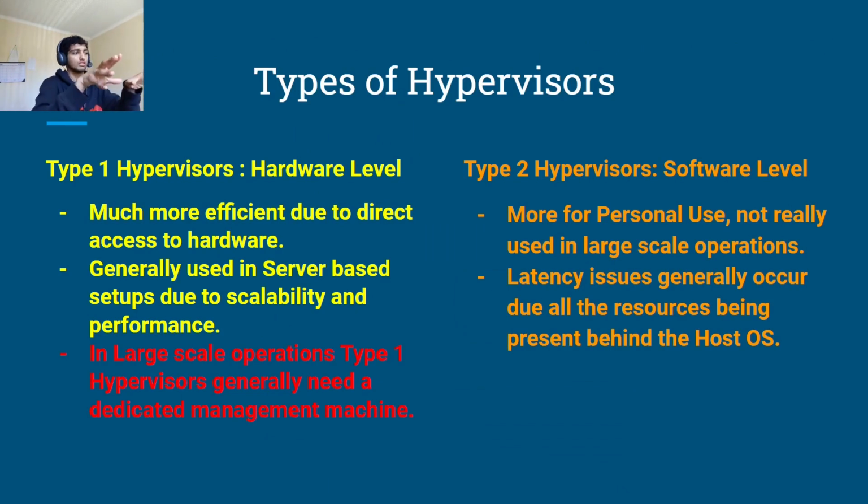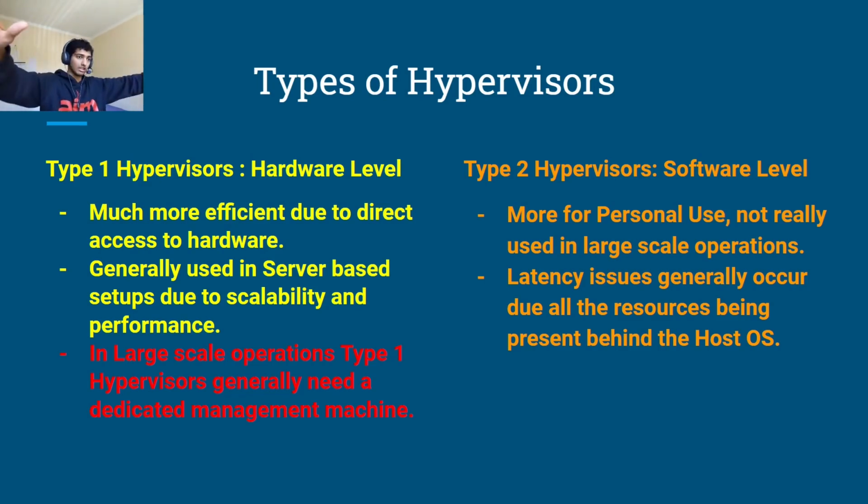Now, it's just a summary, kind of. If we look at Type 1 hypervisors, they're just a bit more efficient, and they're very good for scalability, right? The only con, or rather, something that comes with this type of virtualization, is that you need an orchestrating computer. You need a computer that sits back and controls everyone within that space.